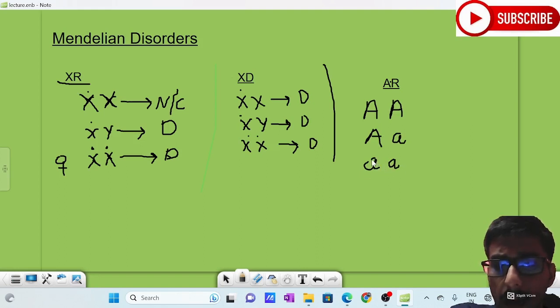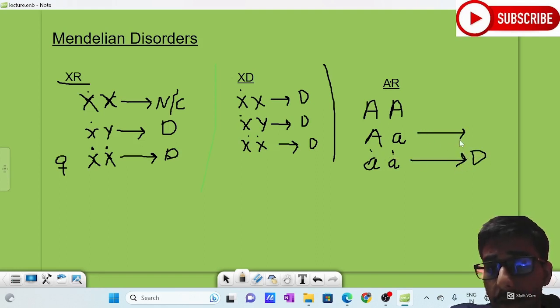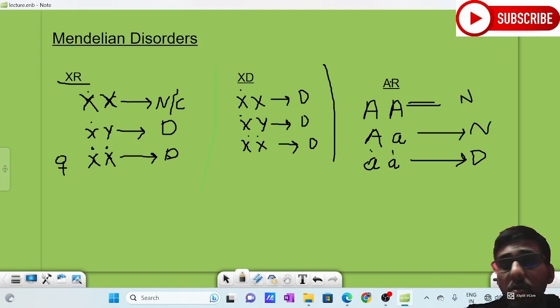The disease occurs only when the autosomes are in their recessive condition. In this condition only the disease can occur. This progeny will be normal and this progeny also will be normal. This is the condition in autosomal recessive.